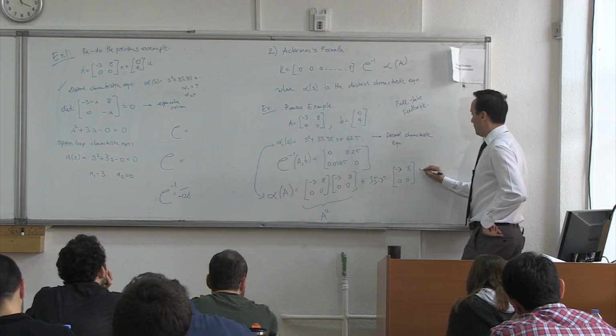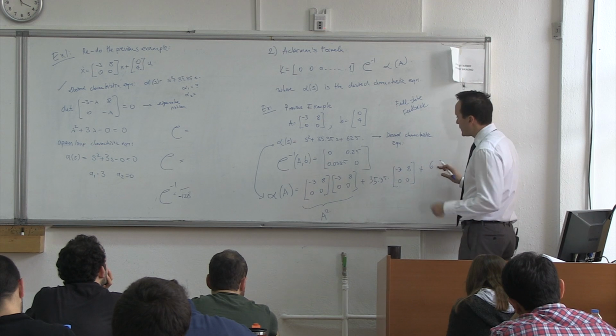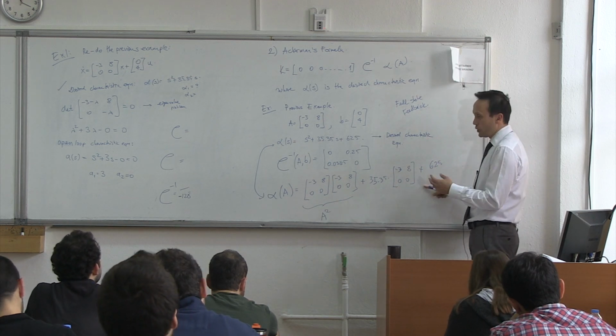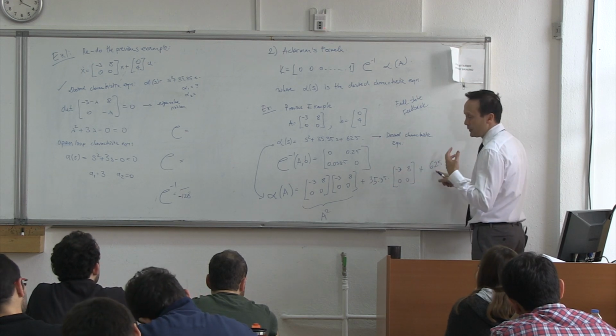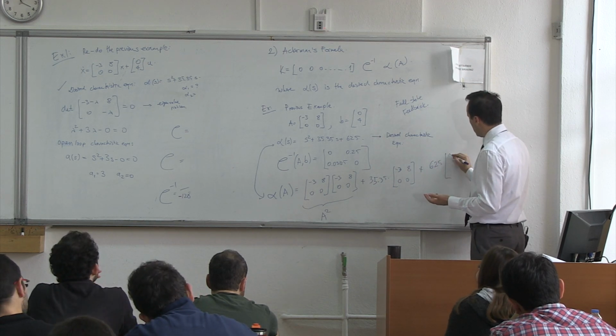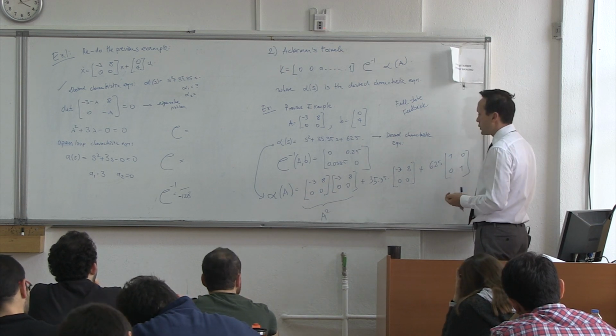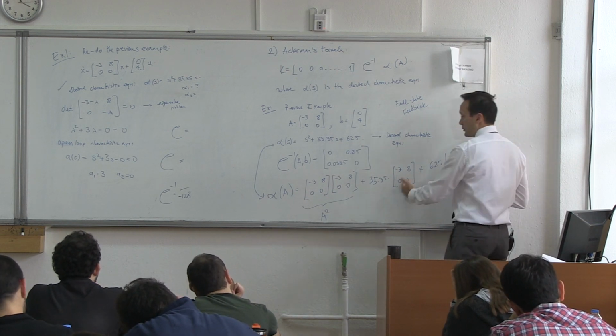Plus 625. Now 625, you can't really write it like this, because this is now a matrix, and this is a scalar. So you need to multiply it with an identity matrix so that this actually becomes consistent.